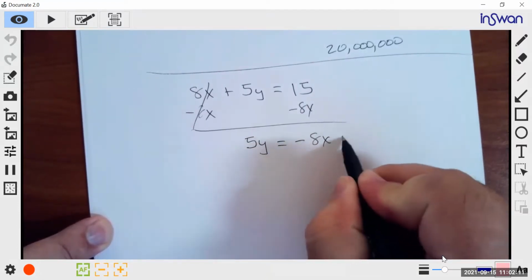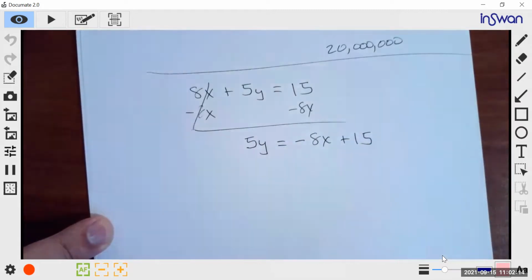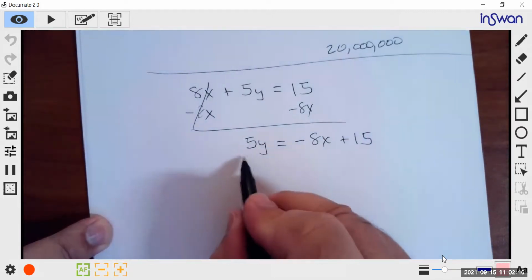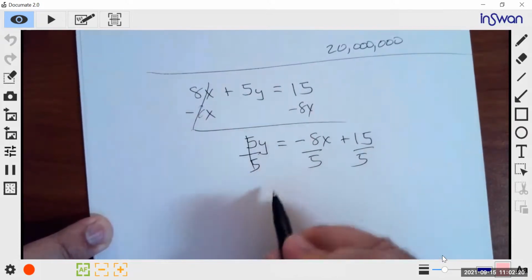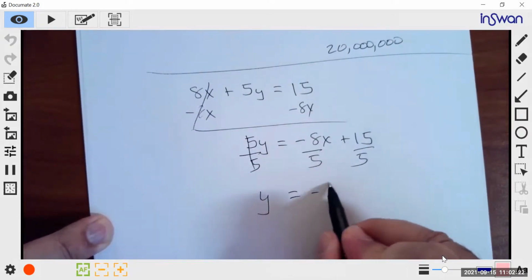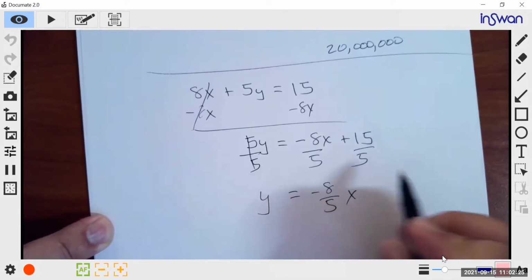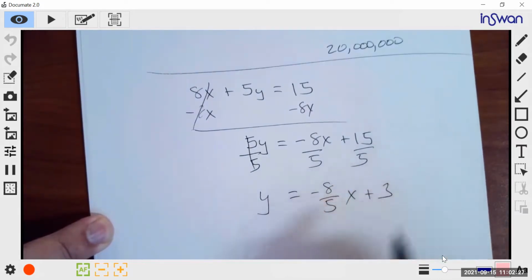Negative 8x plus 15, and divide each by 5. Negative 8 over 5x plus 3.